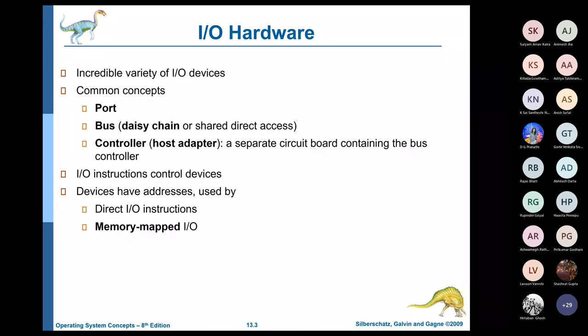There is an incredible variety of IO devices supported by modern computers. They are usually accessed through something called ports. The ports are either connected in series, and finally they share something called a bus, which is called daisy chaining or shared direct access.